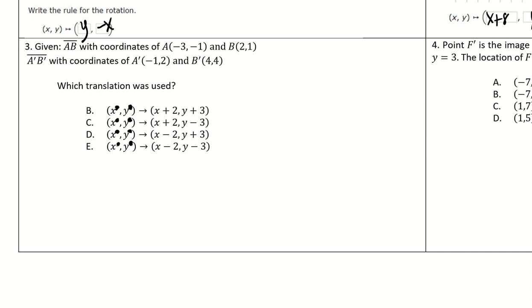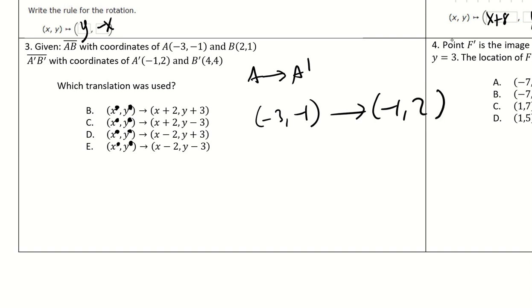We're going from A to A prime, from -3, -1 to -1, 2. In order to get from -3 to -1, I have to add 2. To get from -1 to 2, I have to add 3. So we need to add to the x coordinate and add to the y coordinate. So the answer is B.